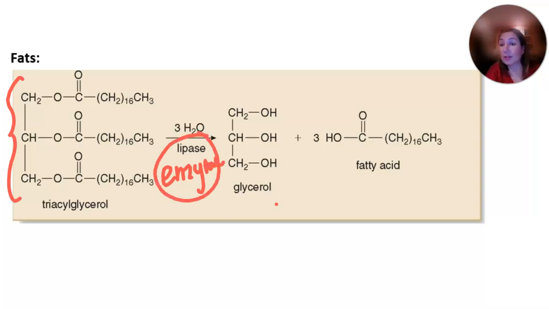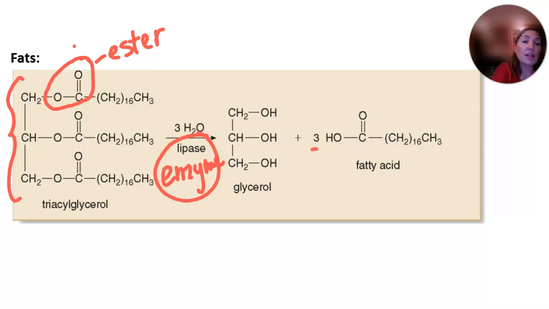The lipase enzyme breaks it down to form the glycerol backbone, the 3 carbons with the 3 OHs, and 3 of the fatty acid chains. So what we're doing is we've got these ester functional groups on our triacylglycerol, and we're just breaking that ester linkage for all 3 of them in the triglyceride. So again, this is review, right? We have seen this before.